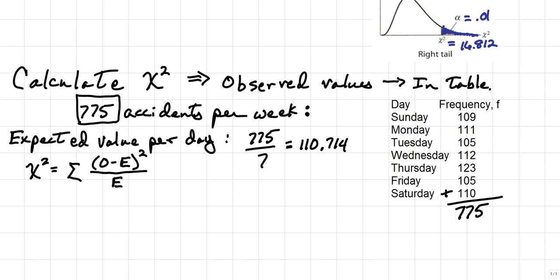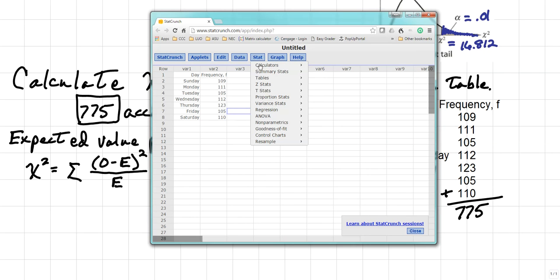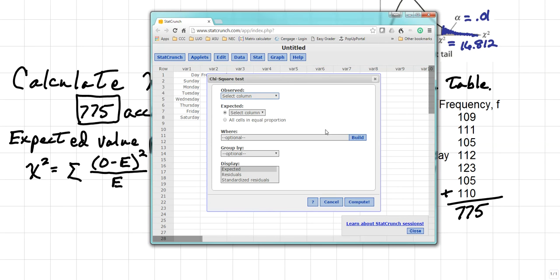Alright, so copy the table into StatCrunch, and it'll look like this. Once you've copied the table in, left-click Stat, scroll down to Goodness of Fit, hover over chi-square test, and left-click that. We select our second column, which is where the frequencies are. For expected, we could have a column of expected values, and we did just calculate those.